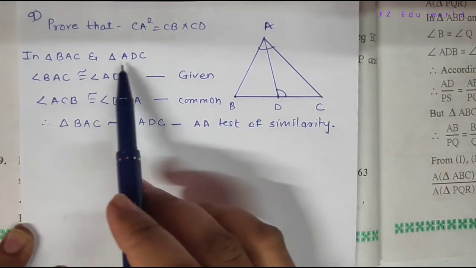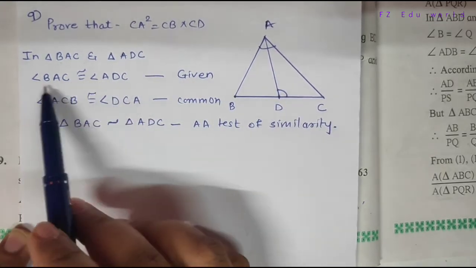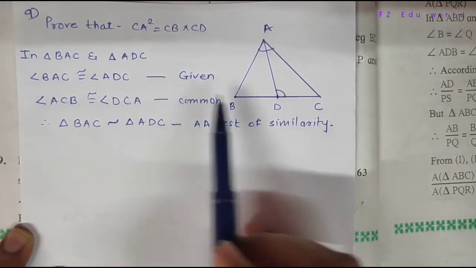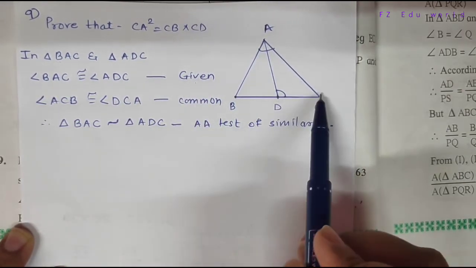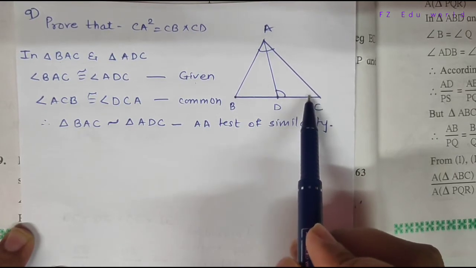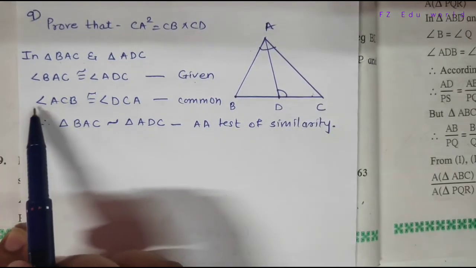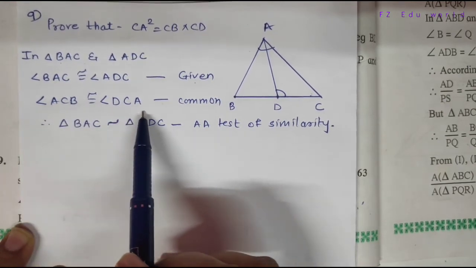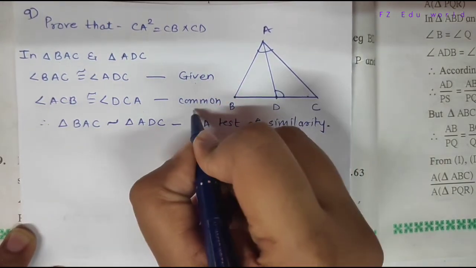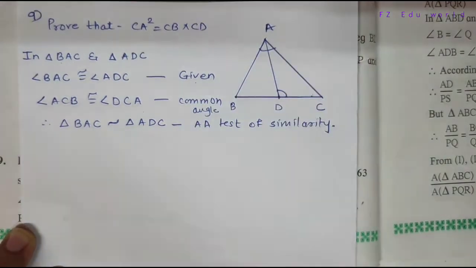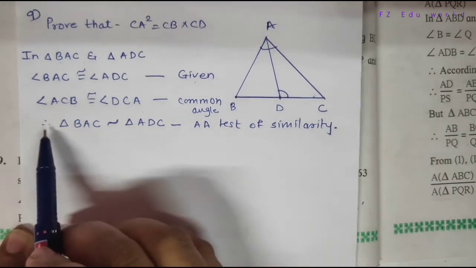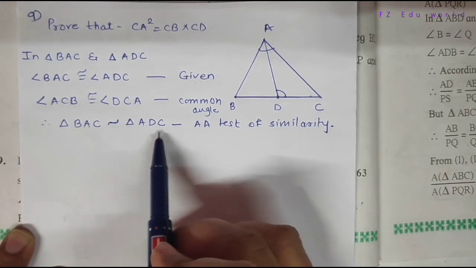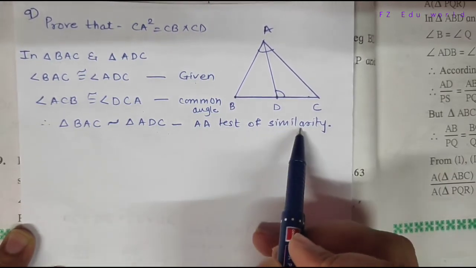In triangle BAC and triangle ADC, angle BAC is congruent to angle ADC, given, and angle C is common between the two triangles. So angle ACB is congruent to angle DCA, common angle. Therefore, triangle BAC is similar to triangle ADC, AA test of similarity.